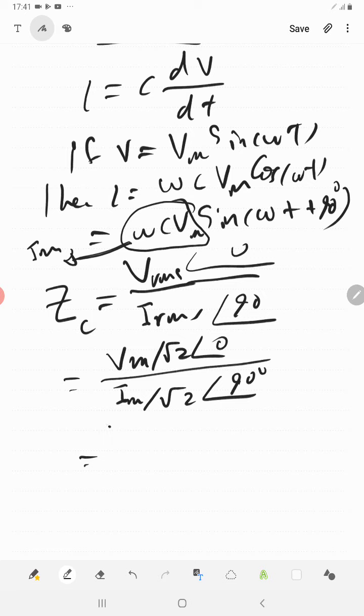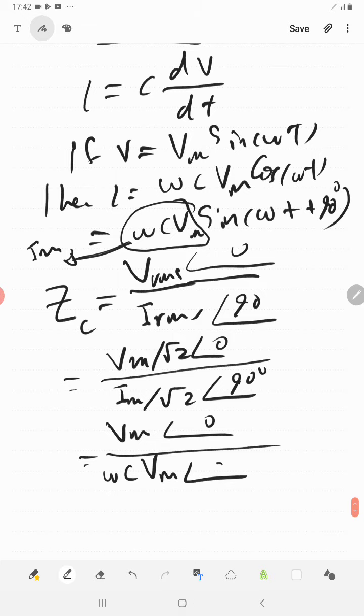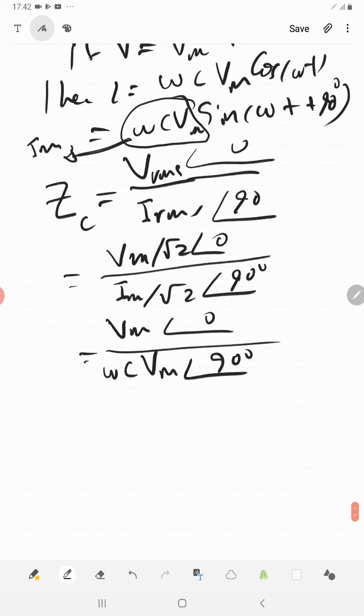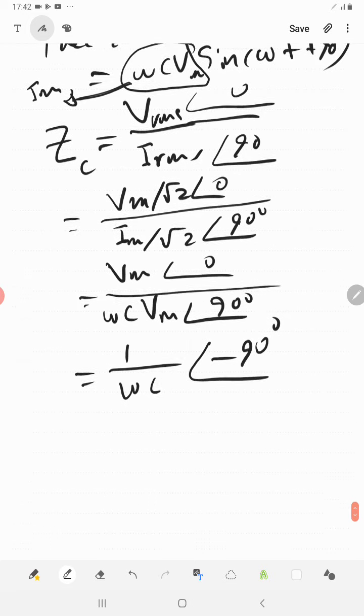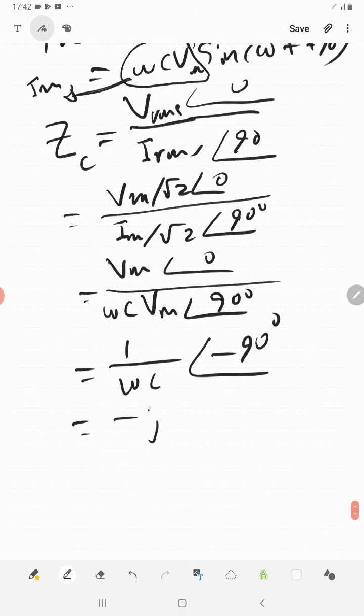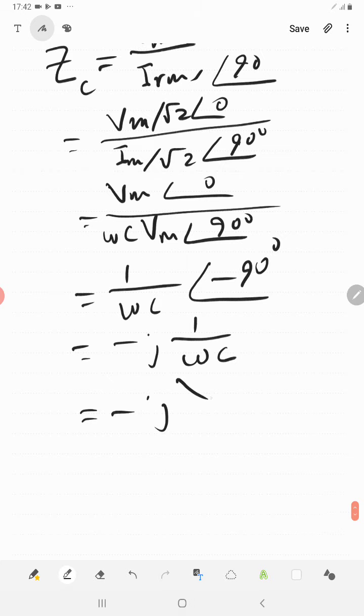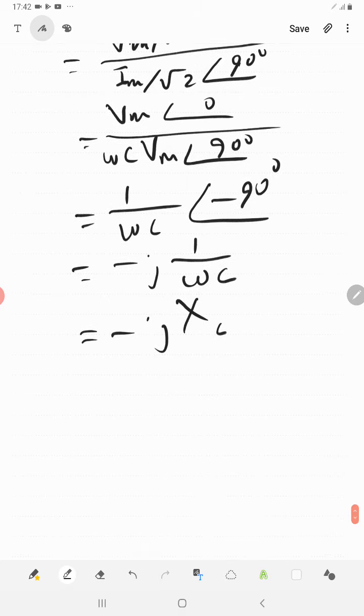Here V maximum angle 0, and here I maximum, which is omega C V maximum, angle 90 degrees. So you get 1 over omega C and angle minus 90 degrees. We call it minus J 1 over omega C, or simply minus J XC, where XC equals reactance of capacitor.